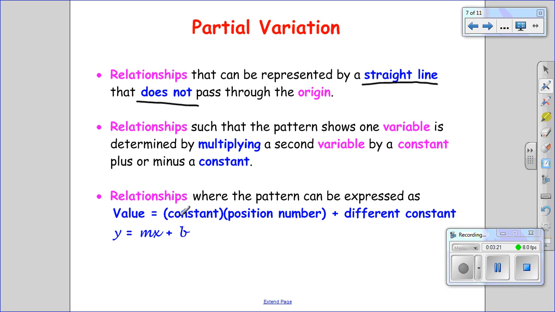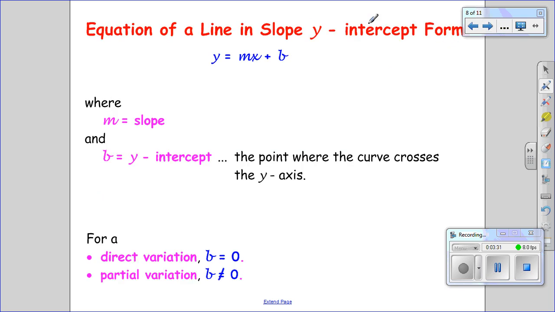So the pattern would be the constant times the position number plus a different constant that could be positive or negative, or y equals mx plus b, which is known as the equation of a line in slope y-intercept form. Slope is m, b is the y-intercept.